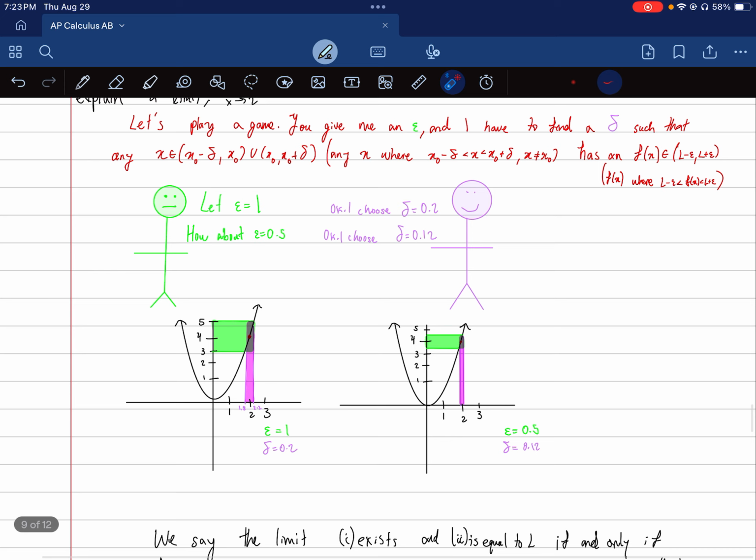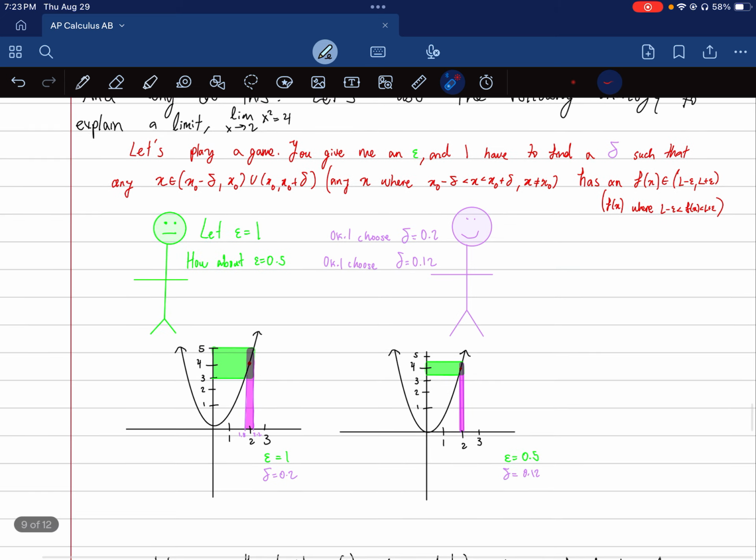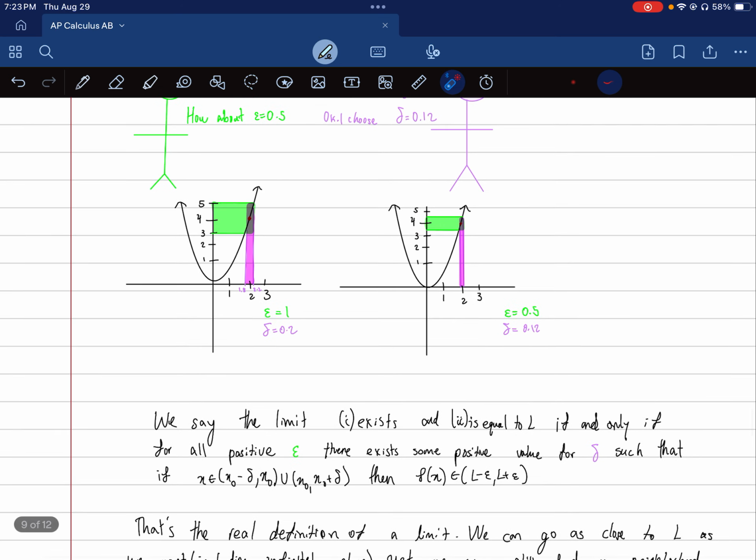So let's say this game went on forever, for any epsilon you say, right? We say that the limit exists and is equal to L if and only if, if we continue this game forever, I can always find a delta.